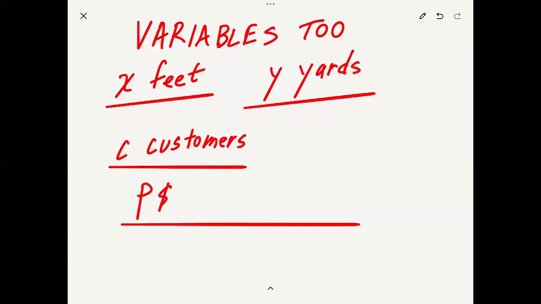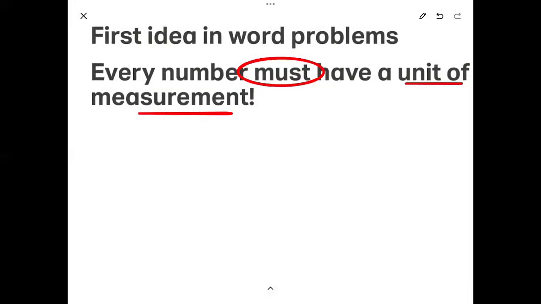Now, variables too. Variables also have to have units of measurement, like X feet, Y yards, C customers, P dollars. So whatever the variable is, it also has to have a unit of measurement. Every number and every variable has to have a unit of measurement.